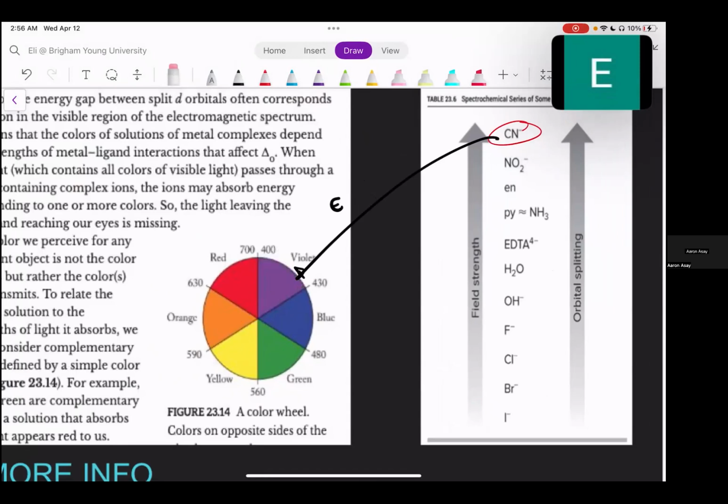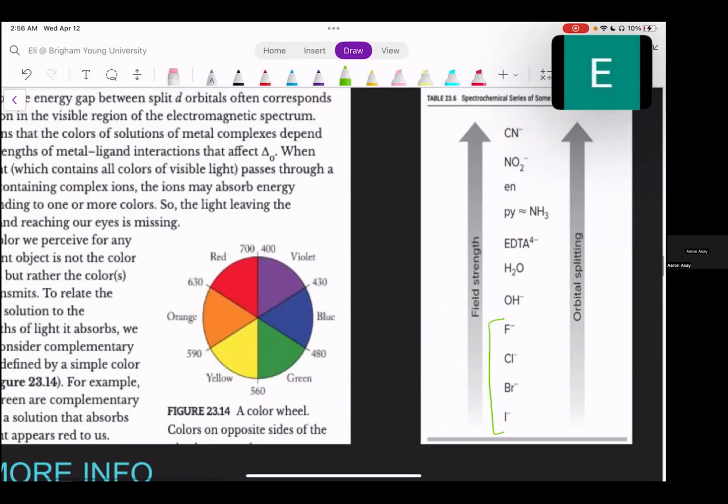Something lower, for example, are halides down here. They have a really low field strength, a low orbital splitting. They're going to absorb colors with a lower energy, but a bigger wavelength.